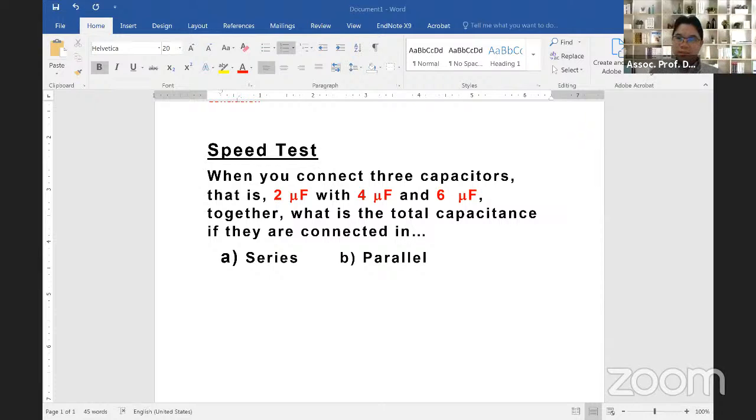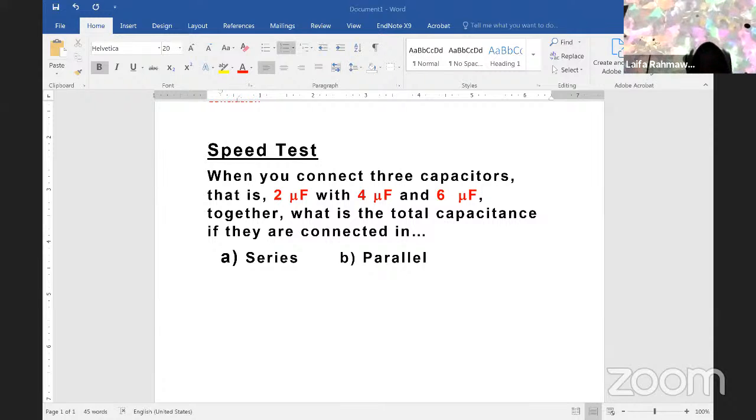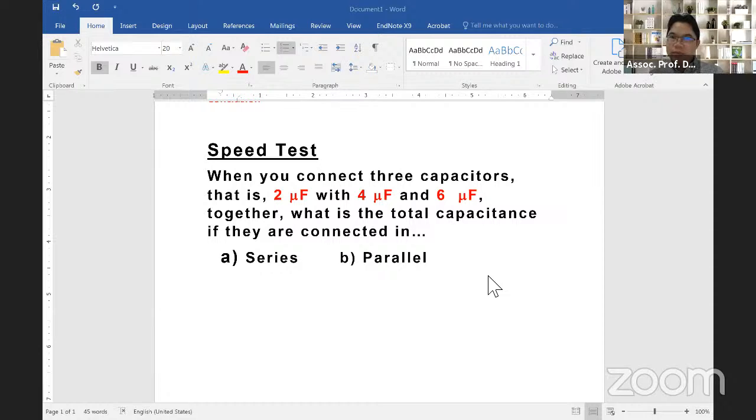The bonus score is for the quickest persons with the correct answer. Yeah, correct answer. Okay, from Isan. But Isan, you did not mention the.